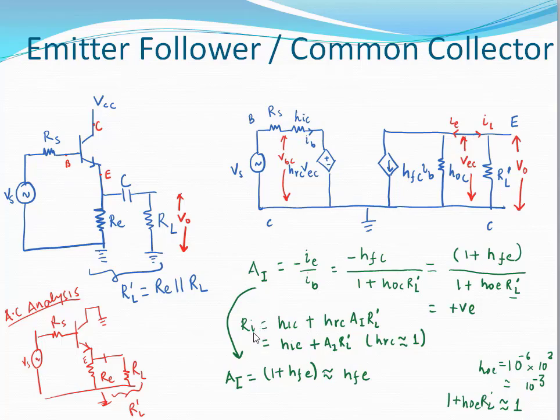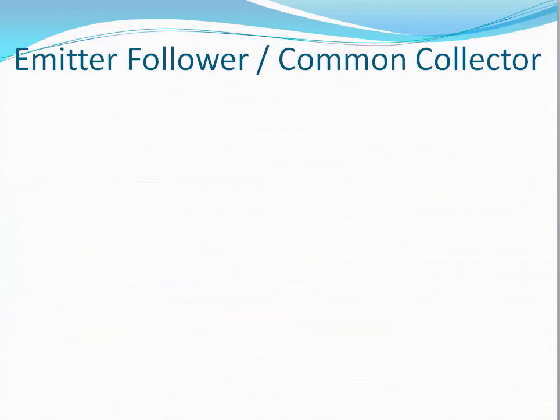Further the input resistance, RI is equal to HIE plus HRC AI RL, which is approximately equal to HIE, HRC is equal to 1, so we have approximated it as 1, and AI RL dash.